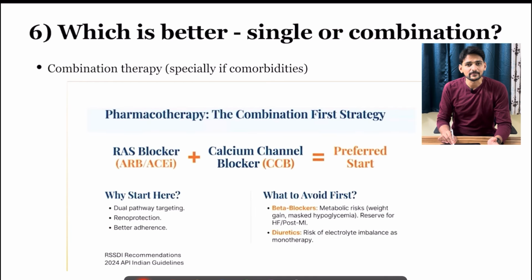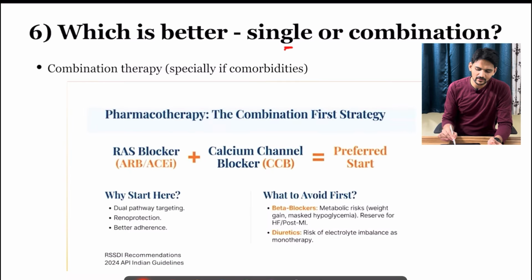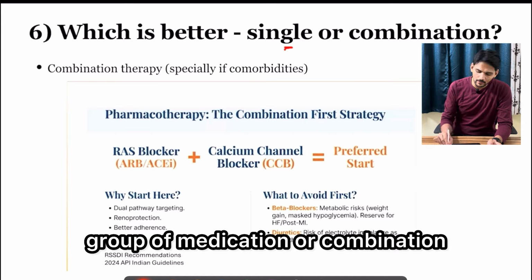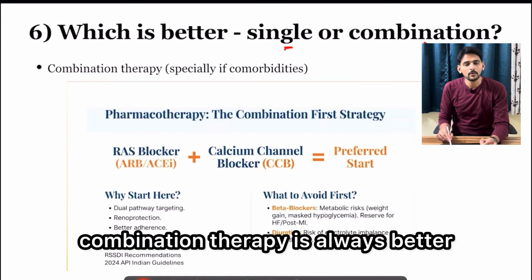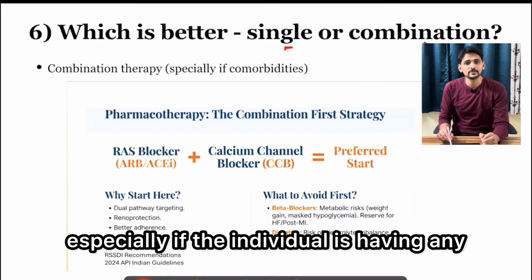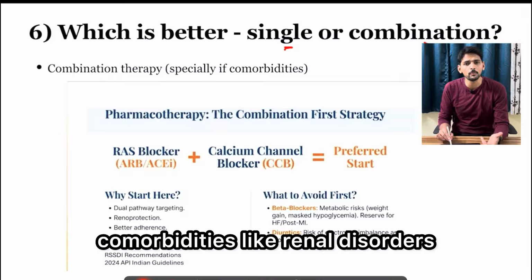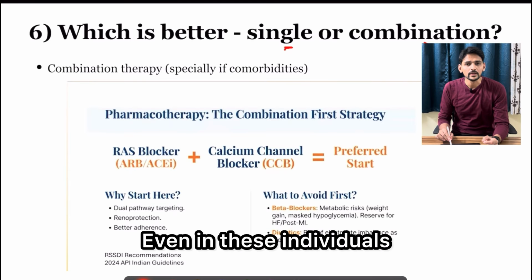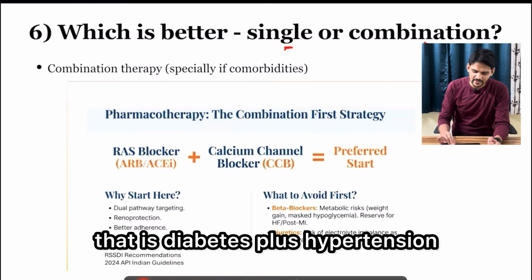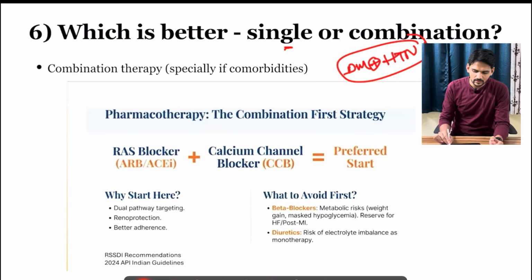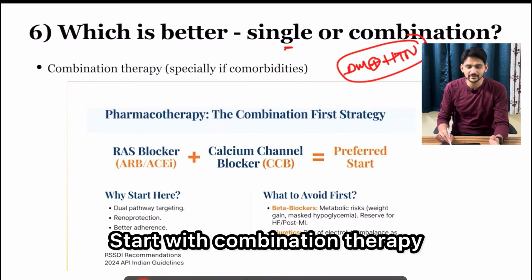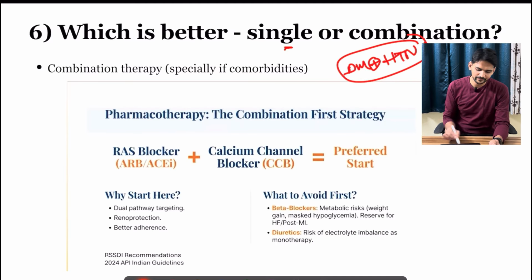So what is better? Using a single group of medication or combination? Remember, combination therapy is always better, especially if the individual has any comorbidities like renal disorders or cardiac dysfunction. Even in these individuals which we are discussing, that is diabetes plus hypertension, we can start with combination therapy, which will be even more beneficial.